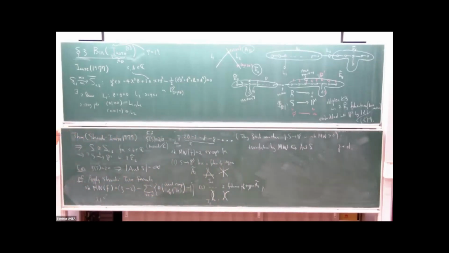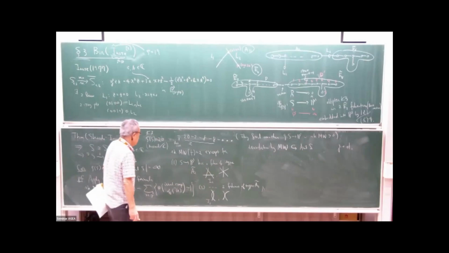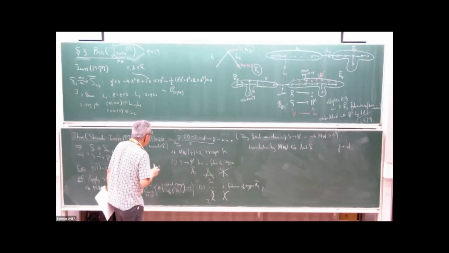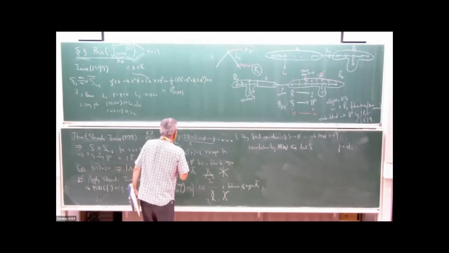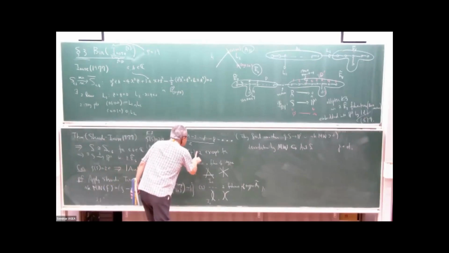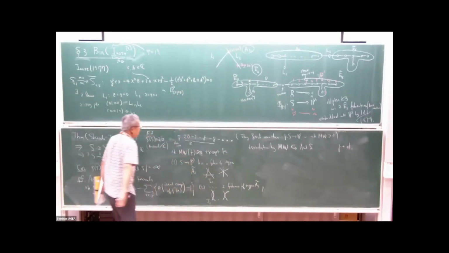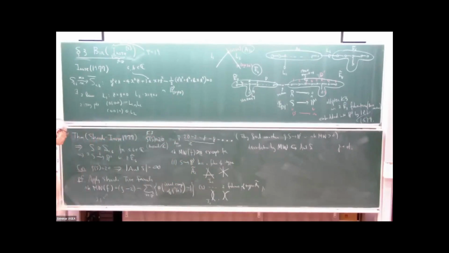So anyhow, if Picard number is 20, then they always exist. I'm sorry. No. I'm sorry. Positive rank. Yes.